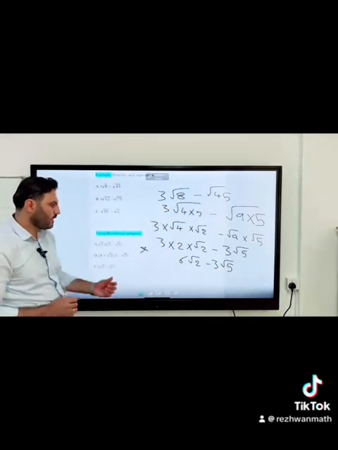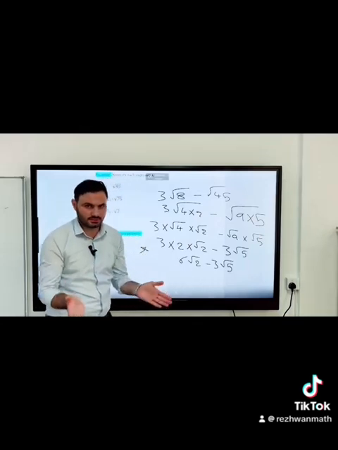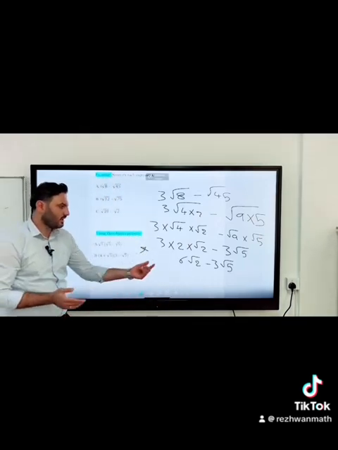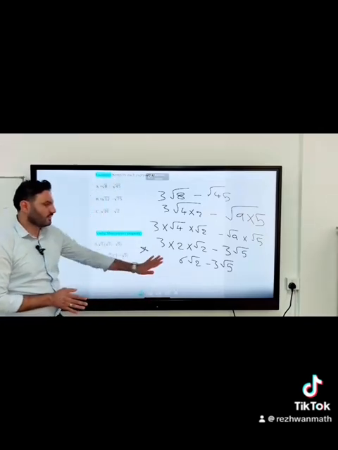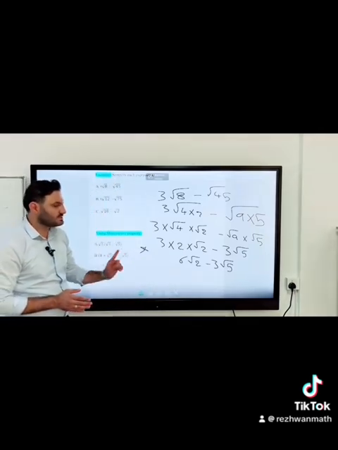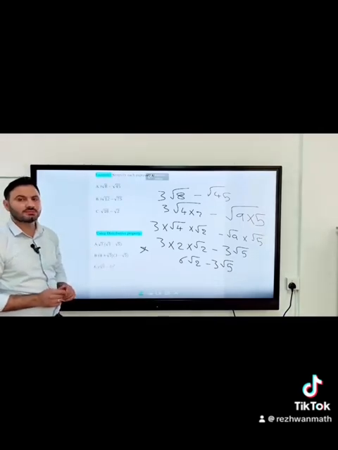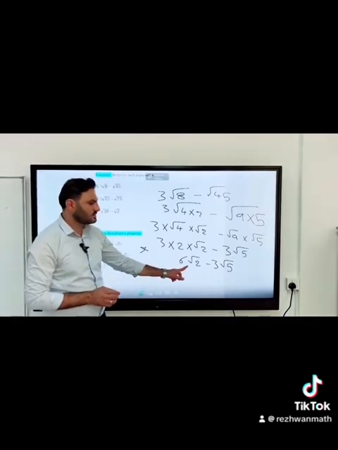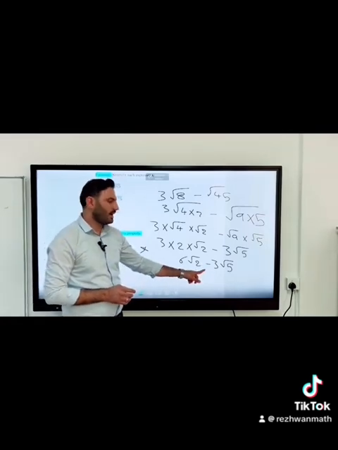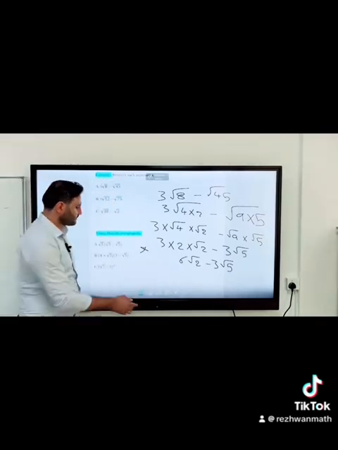Now, because 2 and 5 are not perfect squares, and there is no factor that is a perfect square, we have to leave it there. So the simplest form of 3 square root 8 minus square root 45 is 6 square root 2 minus 3 square root 5.